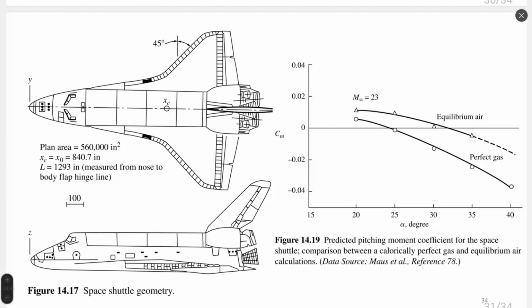For equilibrium air for a big range of angles of attack, it has positive value of momentum coefficient, and for perfect gas on very small region of angles of attack, it has positive and mostly negative values, and this shows us significance of use of equilibrium air in applications of hypersonic flow.